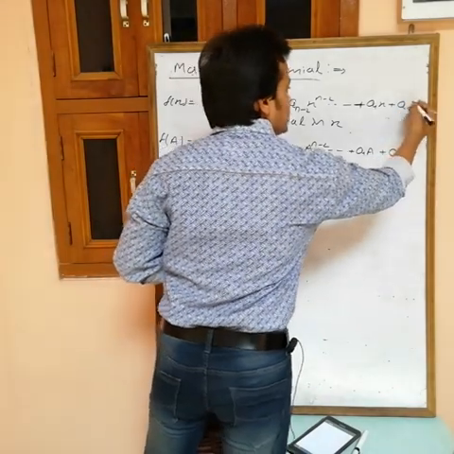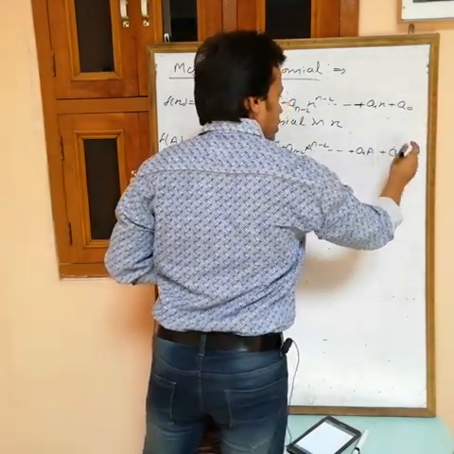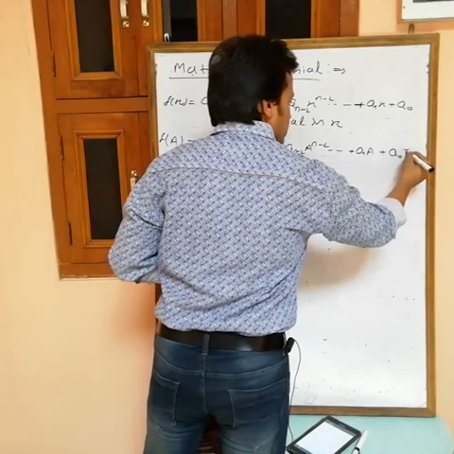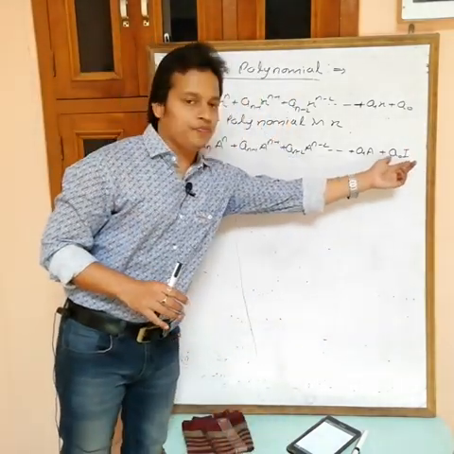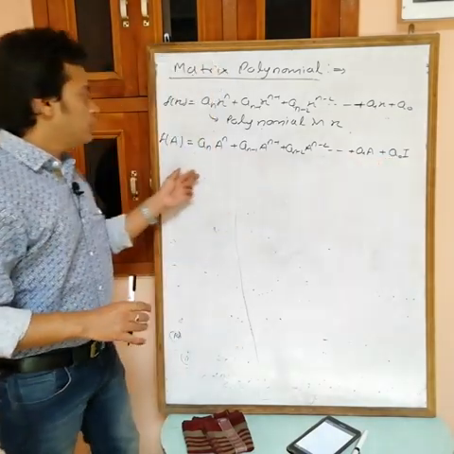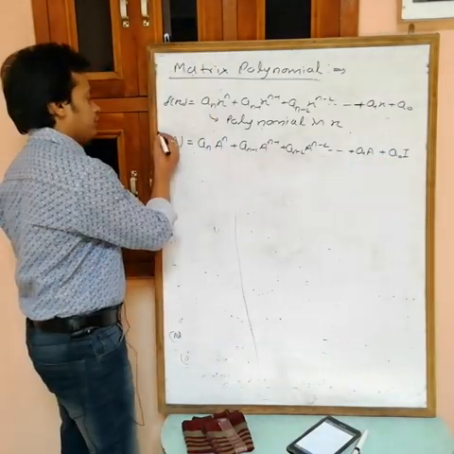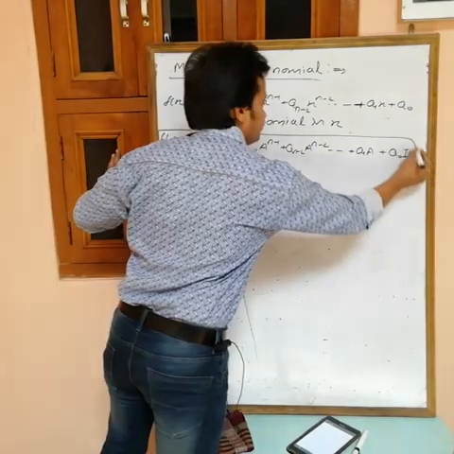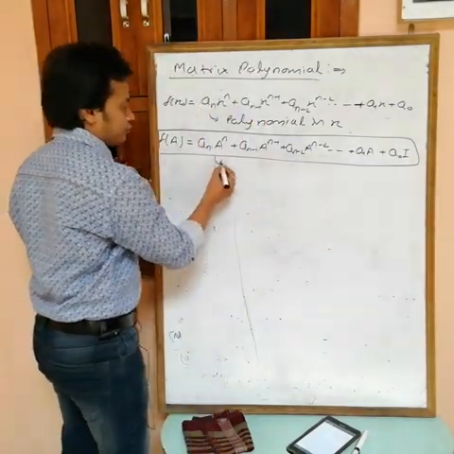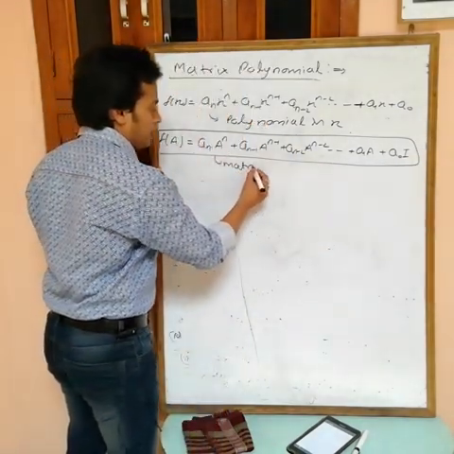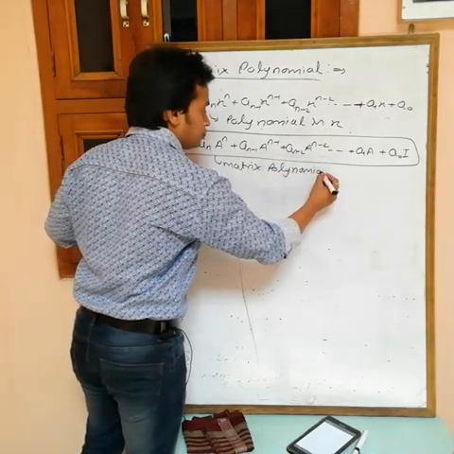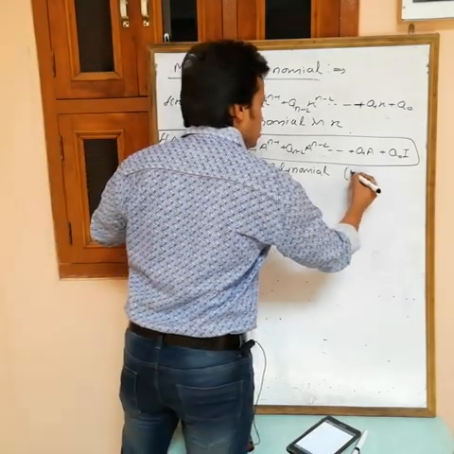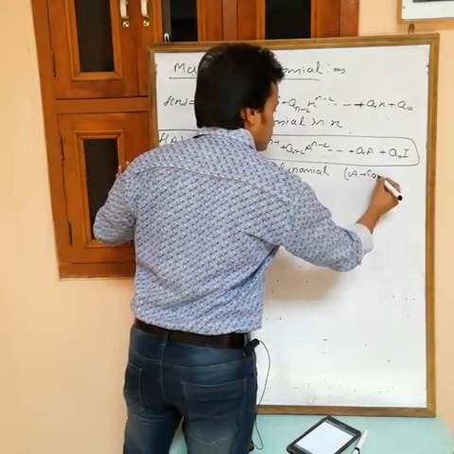Write a0 into I for the constant term. Now this is also a matrix. So this is the matrix polynomial. Here A is a square matrix.